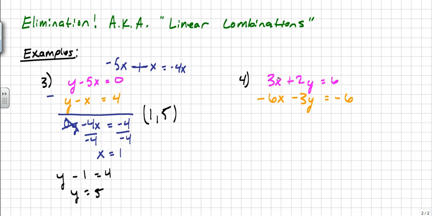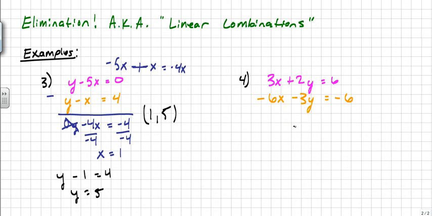Number 4 is a little bit different because it's not already set up like I can just subtract. So I have to change one of the equations, or change the way it looks, that is. I want to get same numbers here. So I want either a 3 and a 3, or a 6 and a 6, or 2 and 2. I want these variables to cancel.